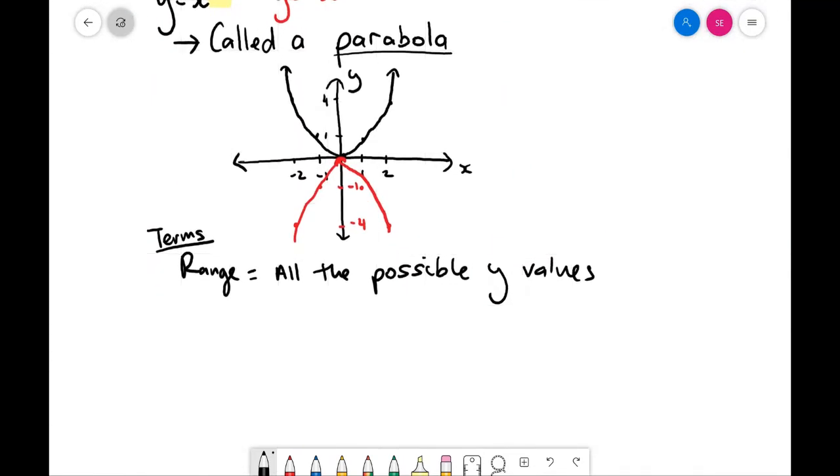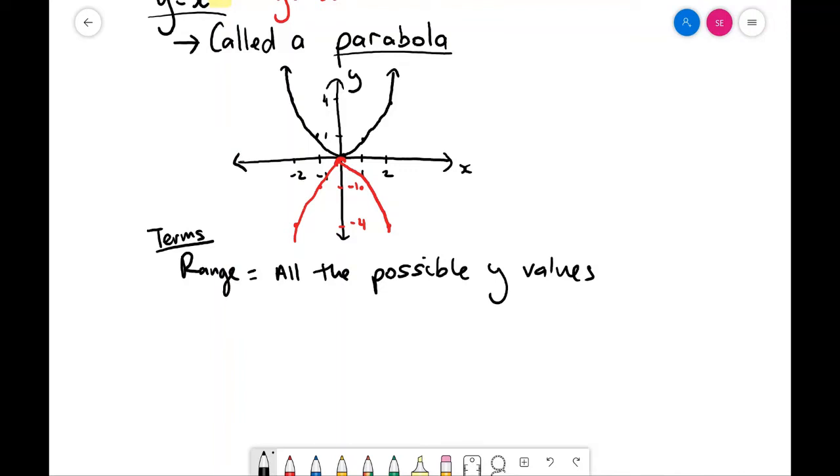If we look at the range of y is equal to x squared here, all the possible y values: 0, 1, 4, all of these values that y takes. It takes any number greater than 0, and 0 itself. But y equals x squared doesn't go below 0, so those values are not part of the range. It's only the y values that this black line crosses.